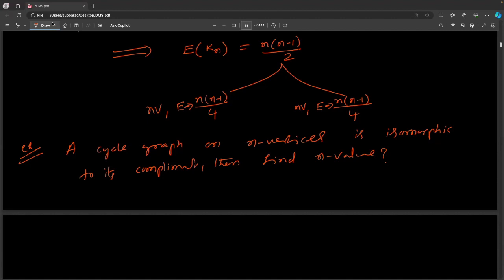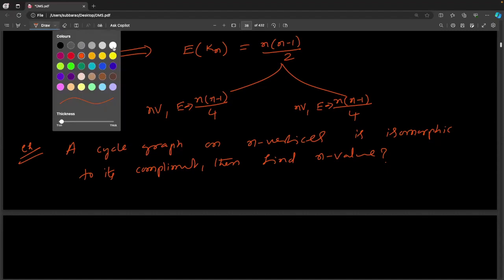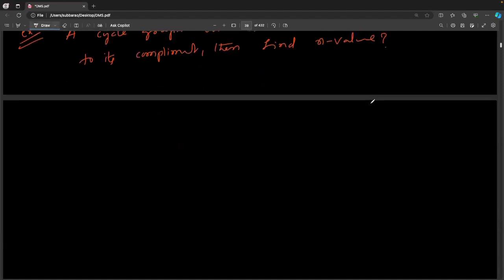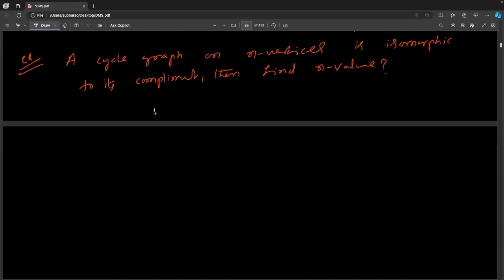I will try one time. The number of edges in Cn plus the number of edges in Cn complement is equal to n into n minus 1 by 2 in total. The number of edges in Cn is n, because it is said that a cyclic graph on n vertices is isomorphic to its complement.